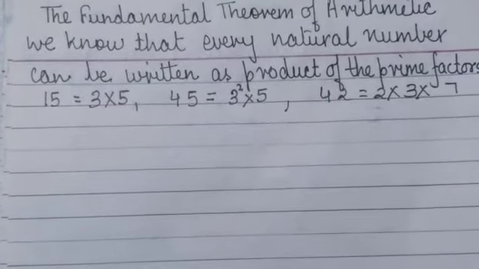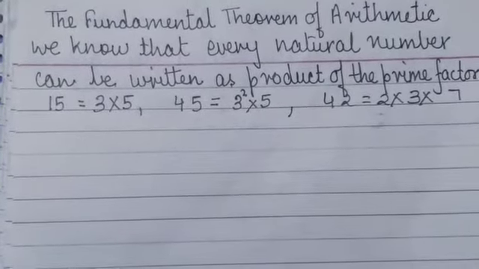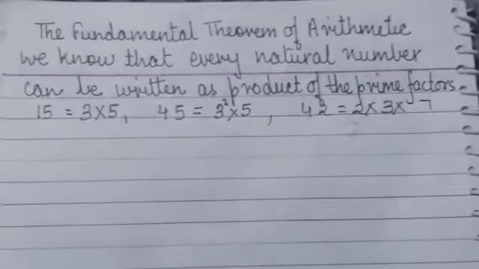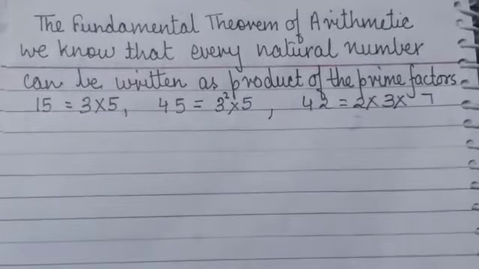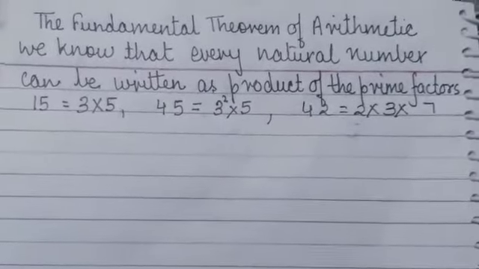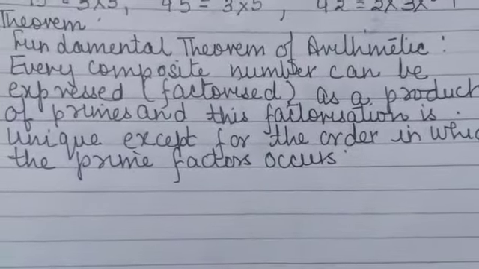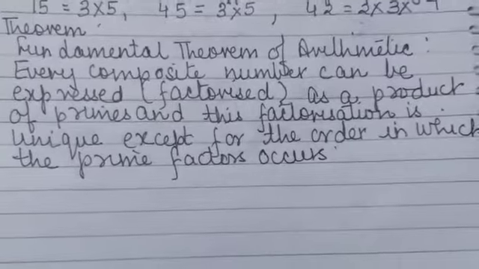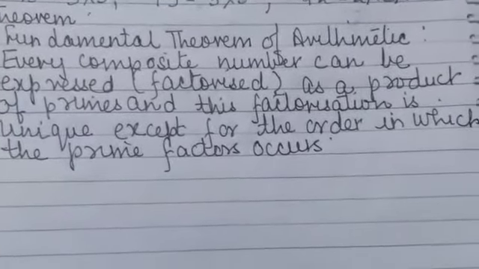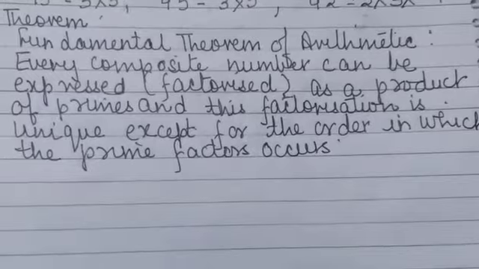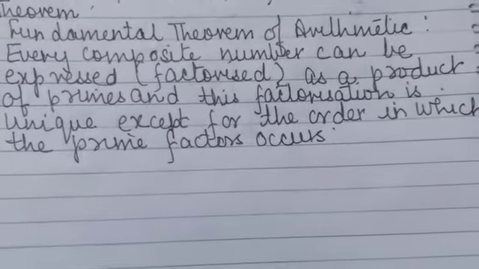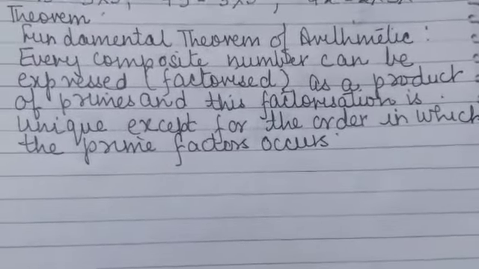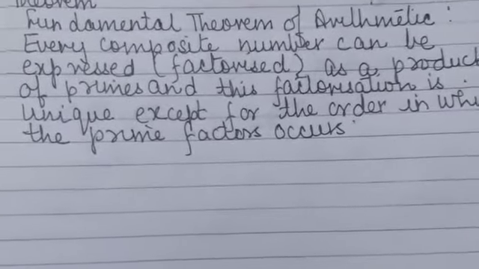The result we state as the fundamental theorem of arithmetic. Theorem 1, fundamental theorem of arithmetic. Every composite number can be expressed or factorized as the product of primes, and this factorization is unique except for the order in which the prime factors occur.